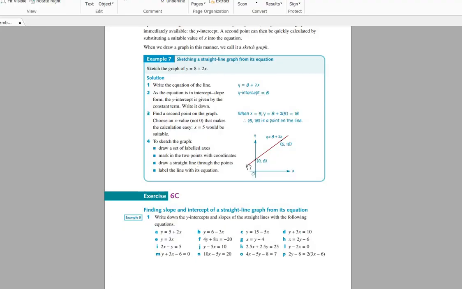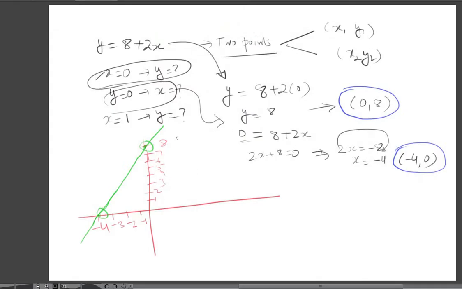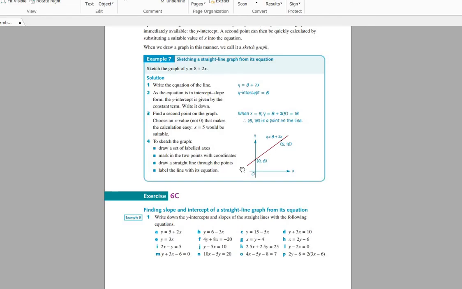You see this graph here in the book? Example 7. You see the first point is 0 comma 8. If you go back, he took x as 5, so he got 5, 18, which is in the first quadrant. But we took y as 0, so we got another point in the second quadrant. So it's one and the same thing. It's a straight line.